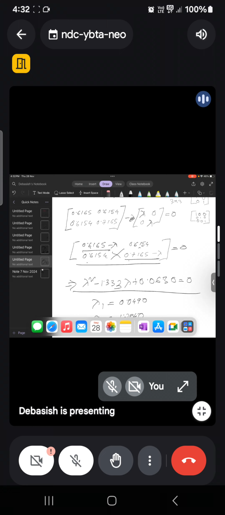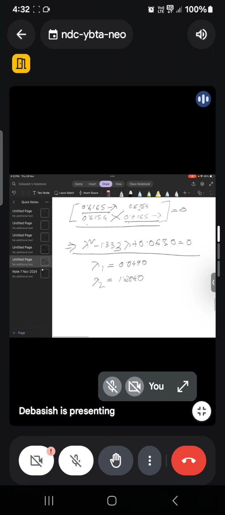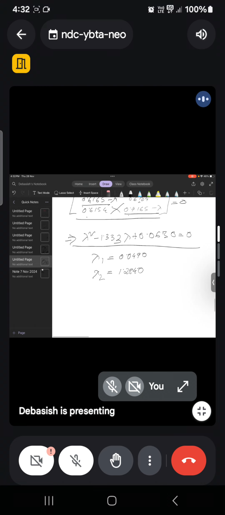We find that through calculation. These two are the eigenvalues, and we have to calculate the eigenvector for both of them.